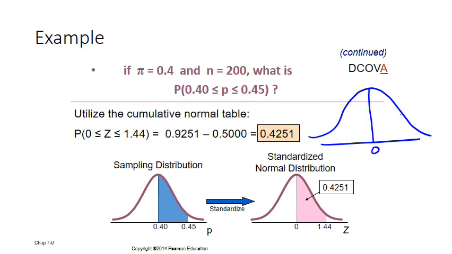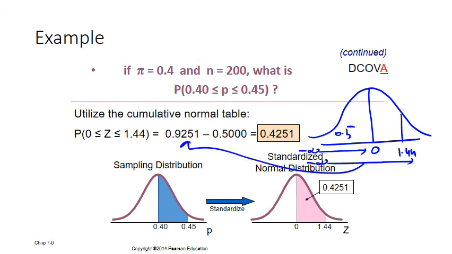So 0, 1.44, so from minus infinity to 0 we know it is 0.5, and from minus infinity to 1.44 you can get it from the z table. So from this bigger area we will subtract this smaller area, so your required probability will be this.